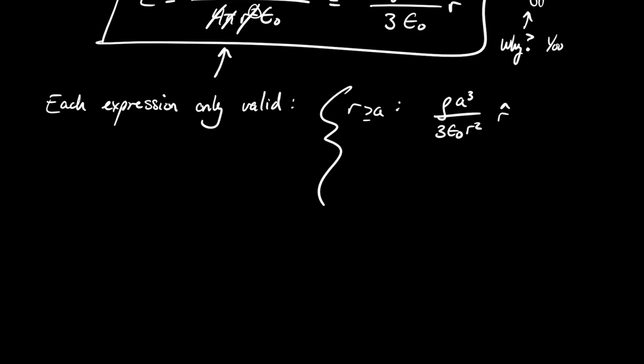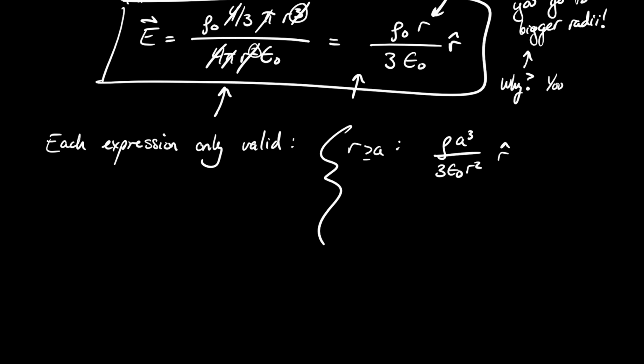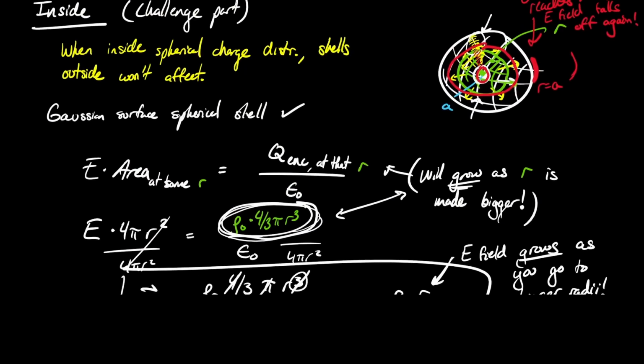Okay, and this expression that we just derived, it only works when r is between 0 and a. Right, because as soon as we go to Gaussian surfaces bigger than a, this expression for the volume stops working because we stop tacking on things with charge densities once we go outside that radius.